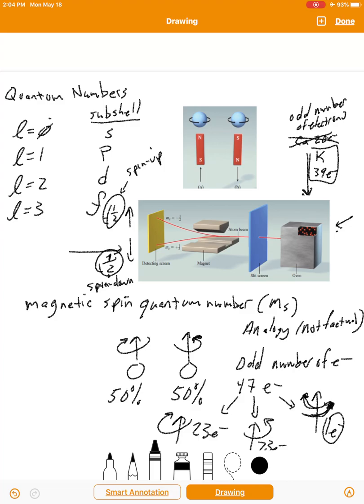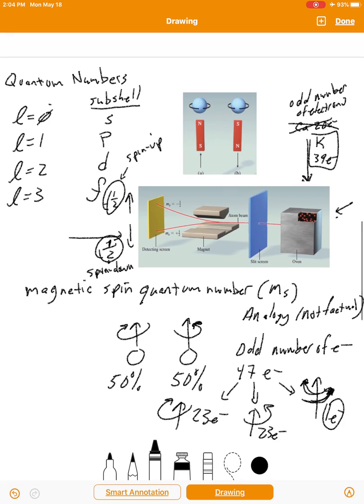And so there are two possible spin values. And so what we're going to do is we're going to claim that there's a quantum number associated with that. And it's either plus a half or minus a half, meaning that the electrons in these atoms have a spin of plus a half or minus a half.